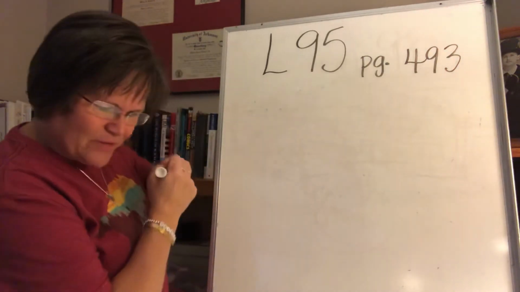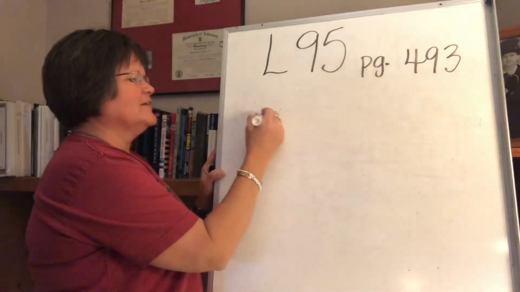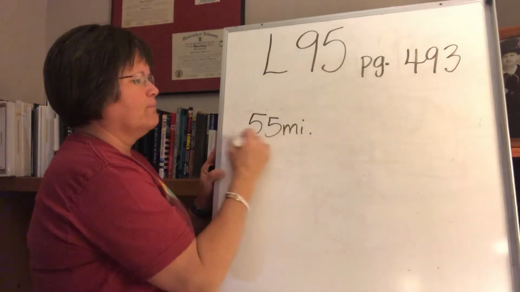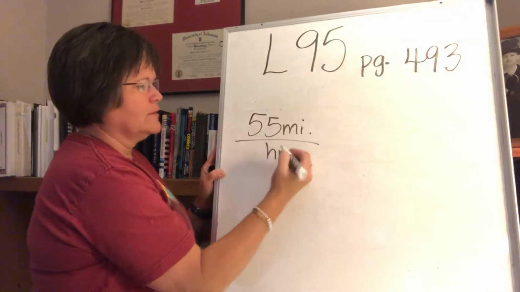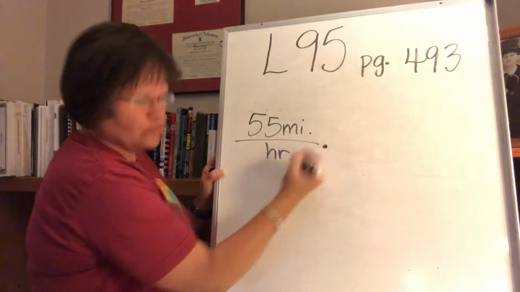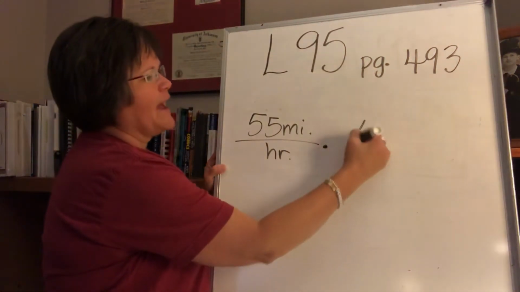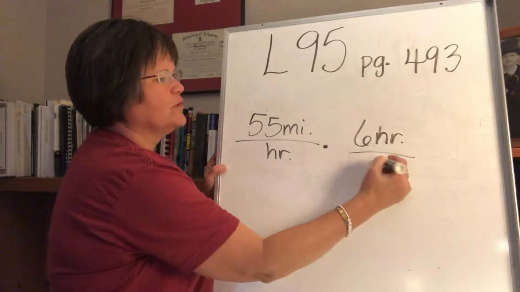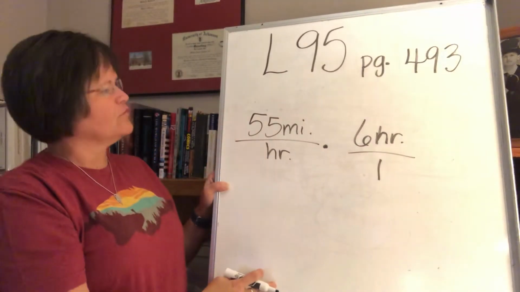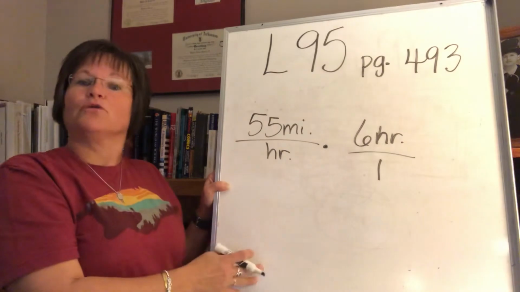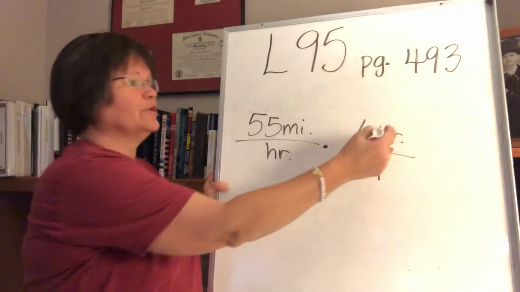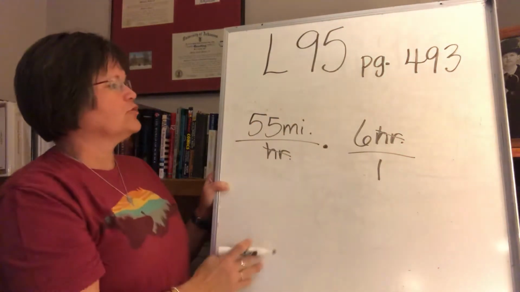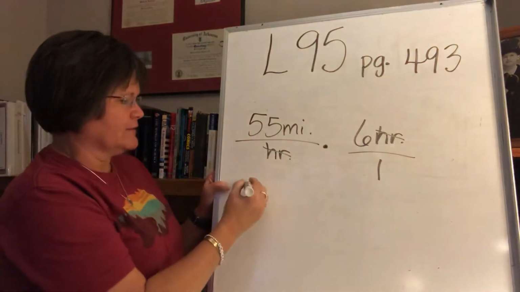Here's another one. What if you are traveling 55 miles per hour and you are going to travel for 6 hours? How far would you expect to get? Once again, what are we going to cancel? We are going to cancel out the units of hours, and we are going to multiply 55 times 6.